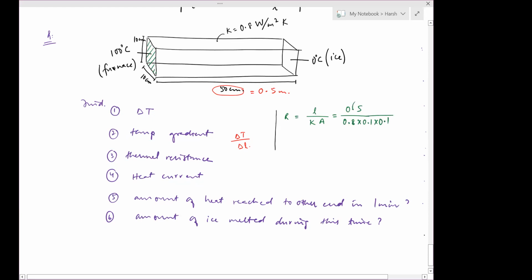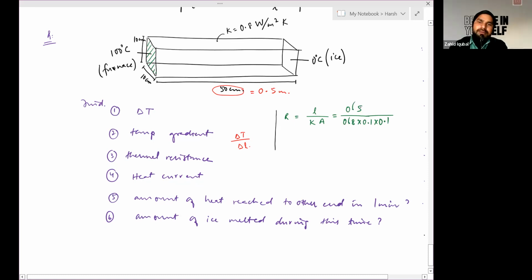Sir, I just used the wrong formula. Okay. So it will be 5 by 8 into 10 to the power 2, that is 500 by 8. Is it clear? Yes, sir.